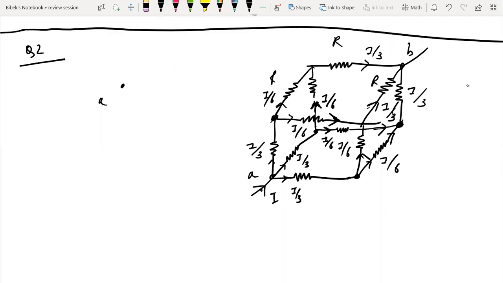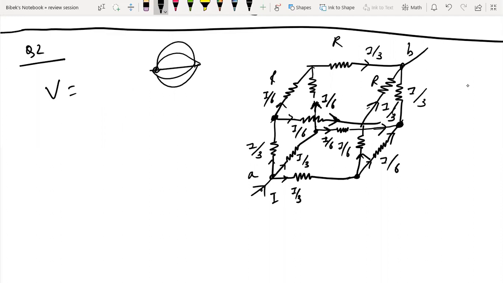So that means your potential drop across A and B, since all of these paths will be in parallel, no matter if the current goes this way or this way, all of these are in parallel.